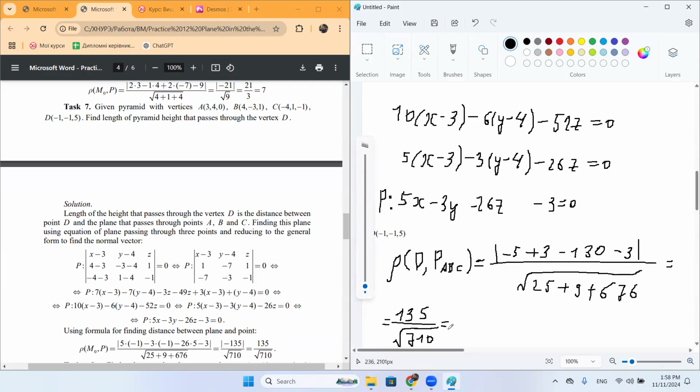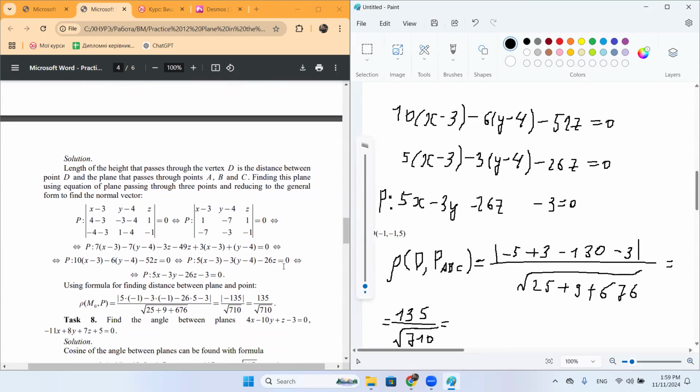So 710, how can we evaluate? Can we extract something here or not? So divided by 10, 71. And it seems that we cannot, so it will stay only like that. So nothing can be extracted under the root. So that's the final answer.